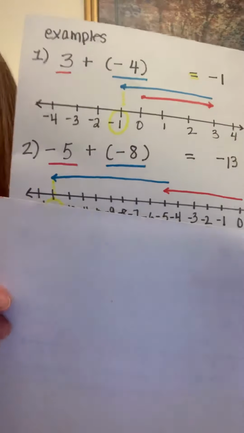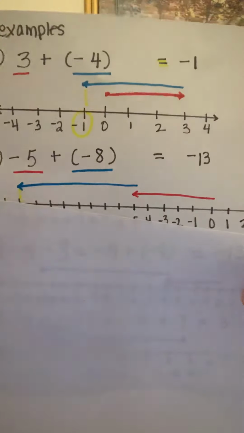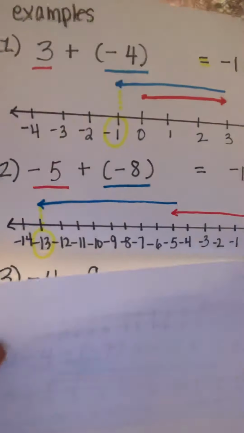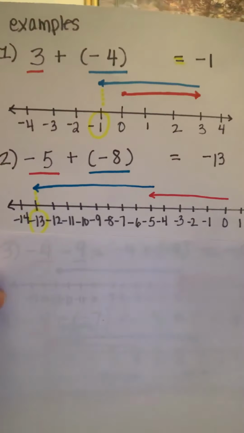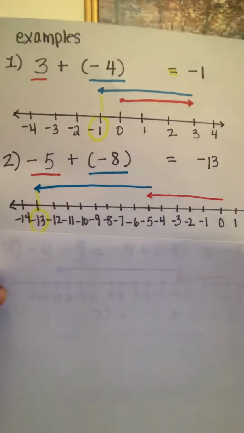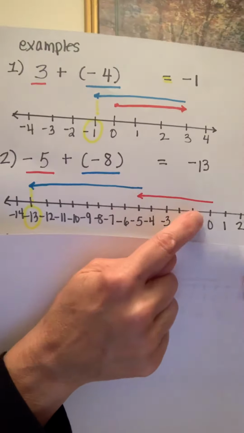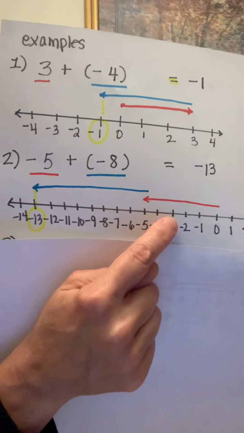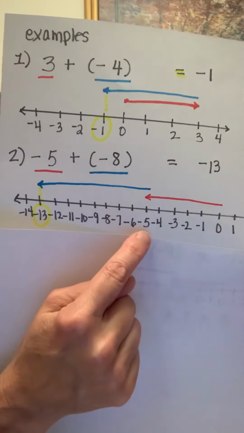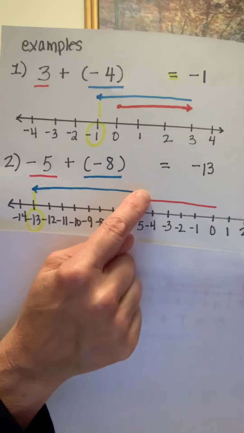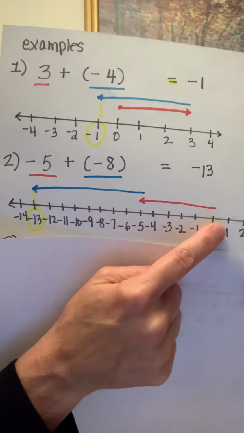Super important. Because it's a negative number, I'm going to start at my 0 and go over 5. 1, 2, 3, 4, 5. Negative 5. I'm going to pick up my pencil and go straight over. I'm not going to go back to 0.